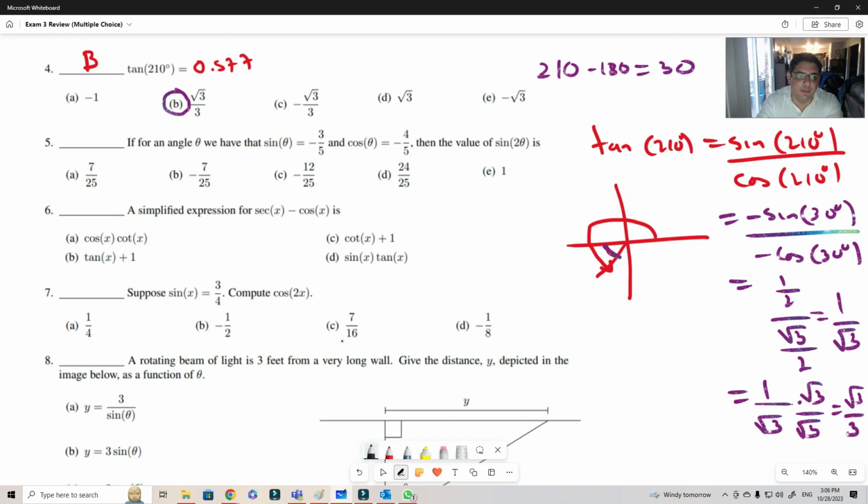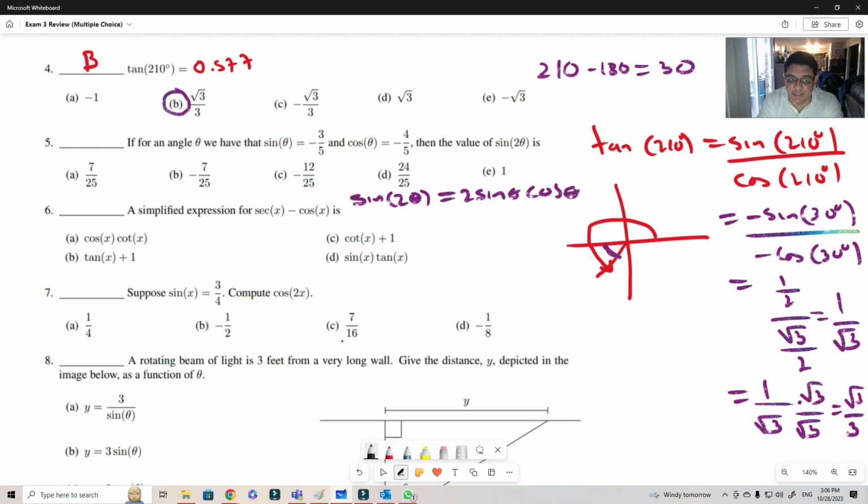Now, for number 5, we have information in sine and cosine, right? We have sine of theta is minus 3 over 5, and cosine of theta is minus 4 over 5, and they're asking me about the value of sine of 2 theta. And this one is easy because I just need to state the formula of sine of 2 theta. The formula of sine of 2 theta is 2 sine of theta cosine of theta.